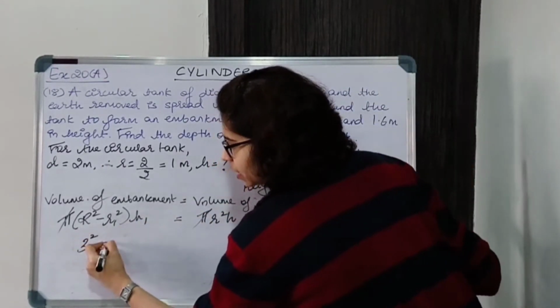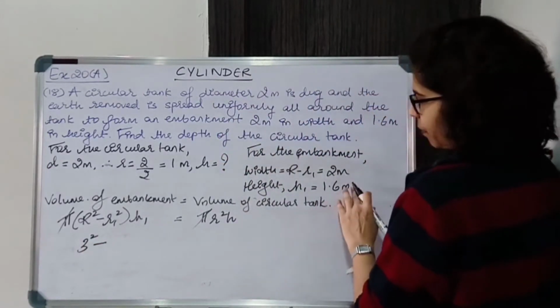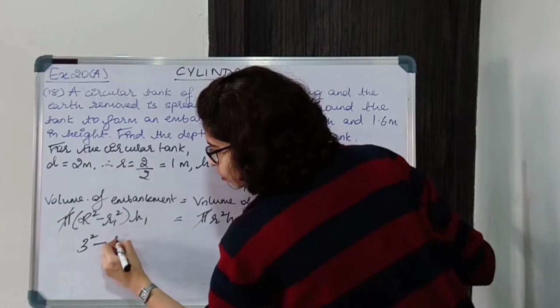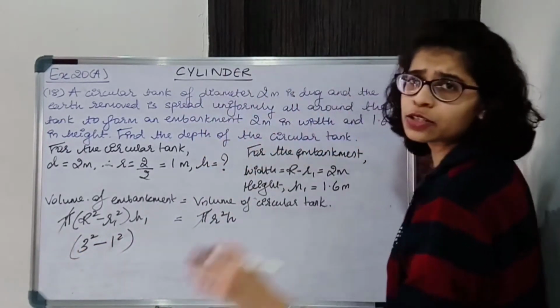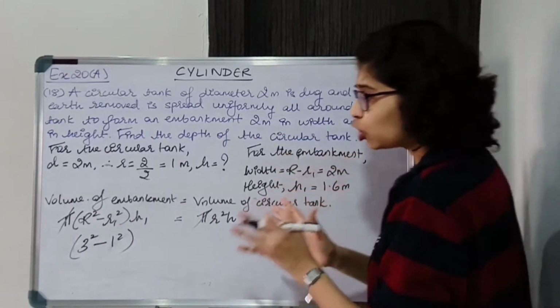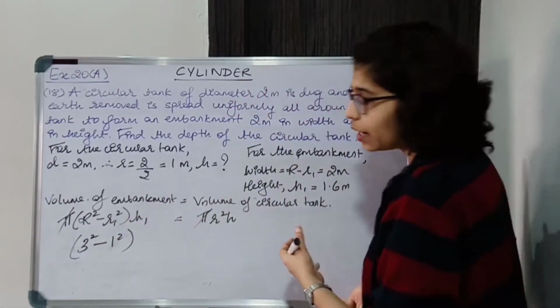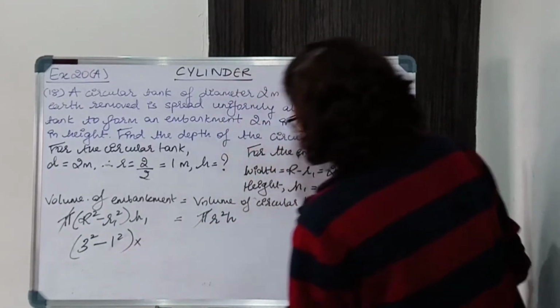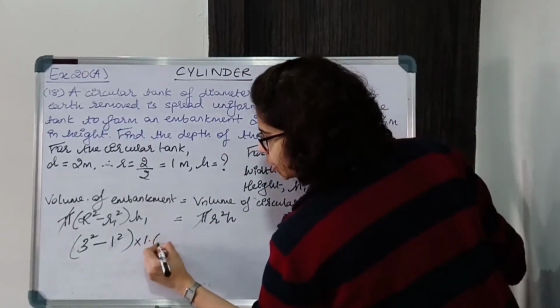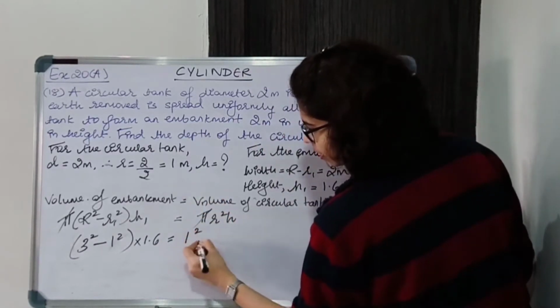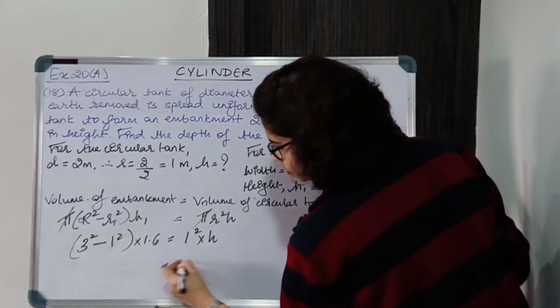So 3 square minus 1 square, because r1 we found out is 1, so that is 1 square. Here I am not using the a square minus b square formula because over here we have easy numbers, so we can easily subtract. Into h1, that is 1.6, is equal to r square into h.